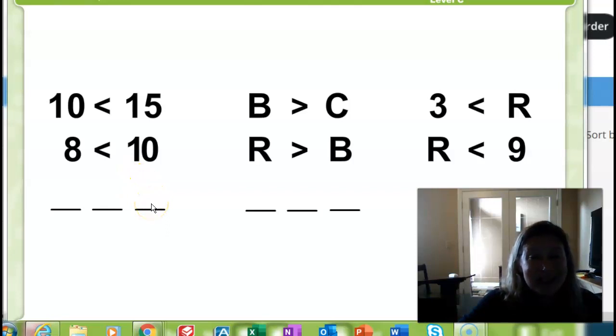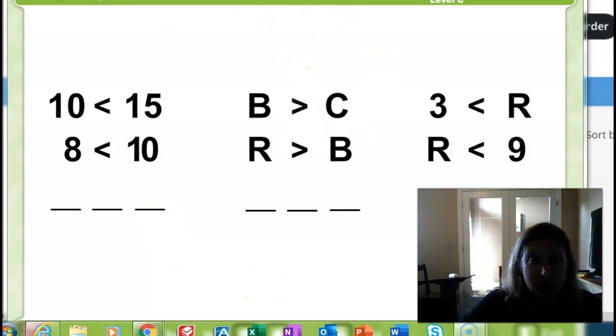15. So basically, all you're doing is you're looking for the number that both situations have in common, putting that number in the middle, and then you're basically ordering the three numbers. So the middle number, the smallest number, and the biggest number. Okay?